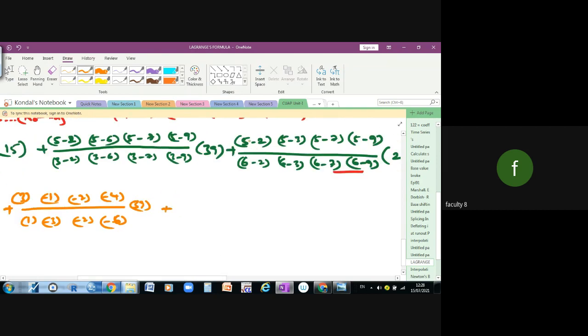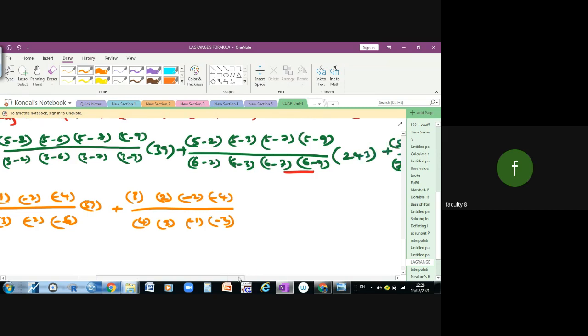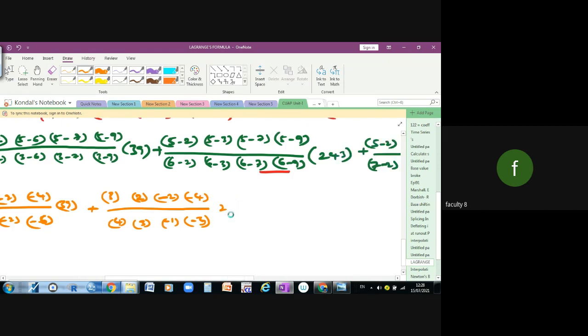Yes. So here 5 minus 2 is 3 and here 2, and here minus 2, minus 4, divided by 4, 3 and minus 1, minus 3, into 343 plus.